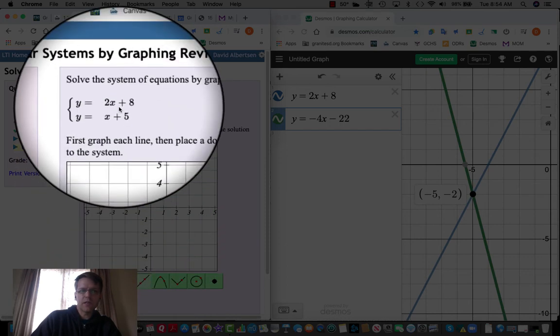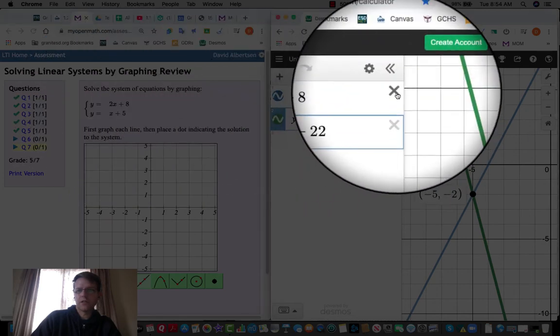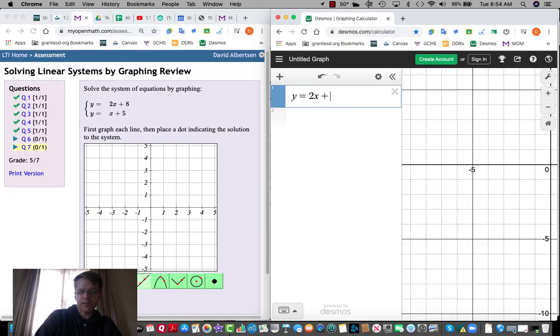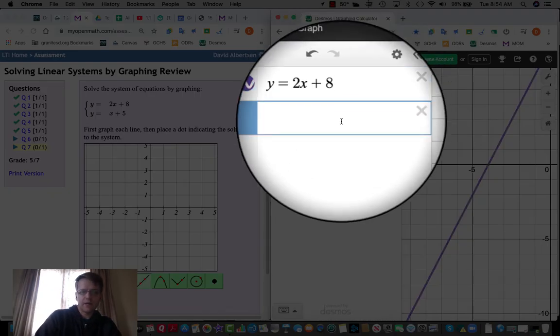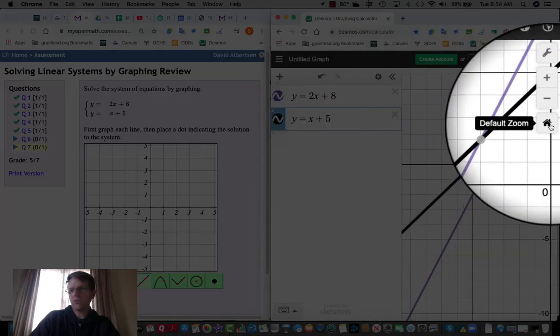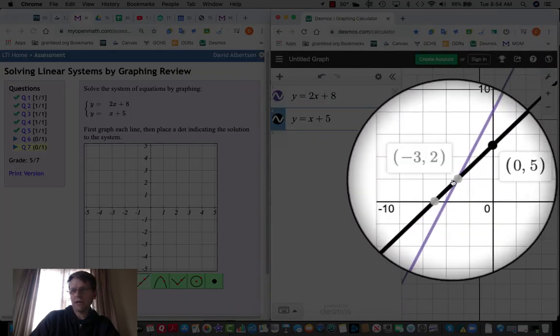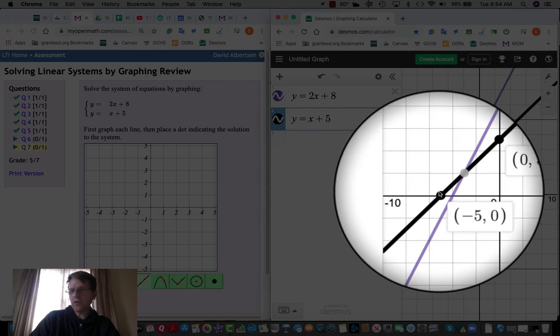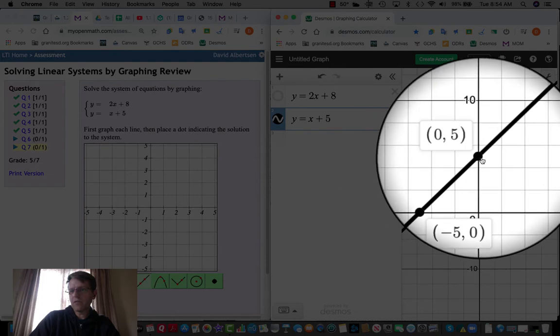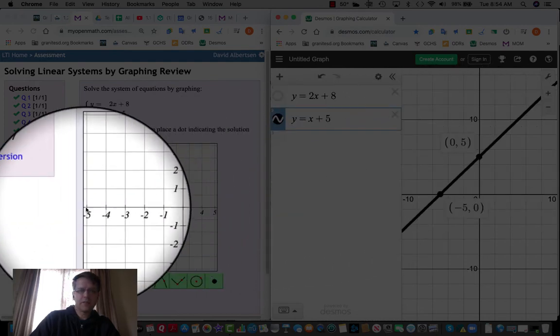This first one here says you're starting at 8. Oh, that's going to be difficult. Here, let's type them in Desmos. So y equals 2x plus 8 and y equals x plus 5. And I'm going to hit the home default zoom here to kind of zoom that back out. So the black one, I'm going to turn the purple one off for a sec. The black one goes from -5 to 5 on the intercepts.